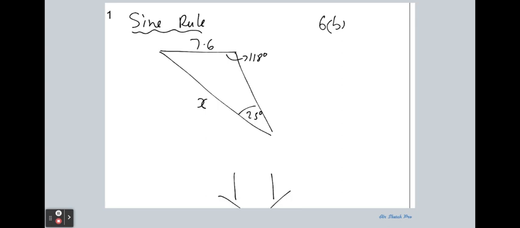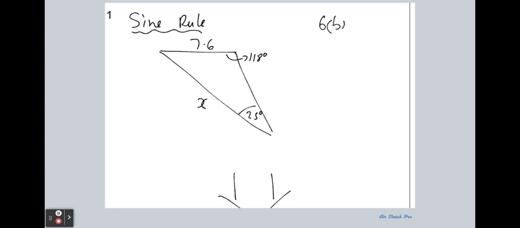What have I got? I've got the side length 7.6. So what is the opposite angle? 25, good. I've got the unknown side length x. What is its opposite angle? 118.